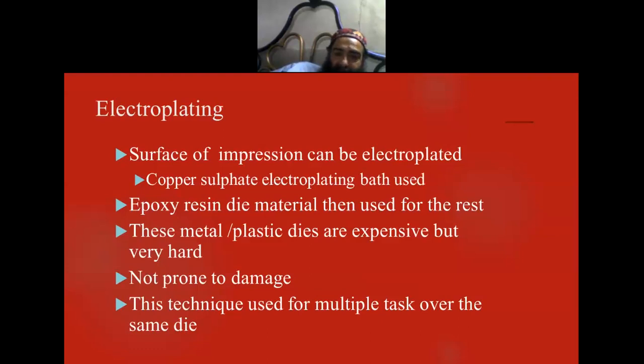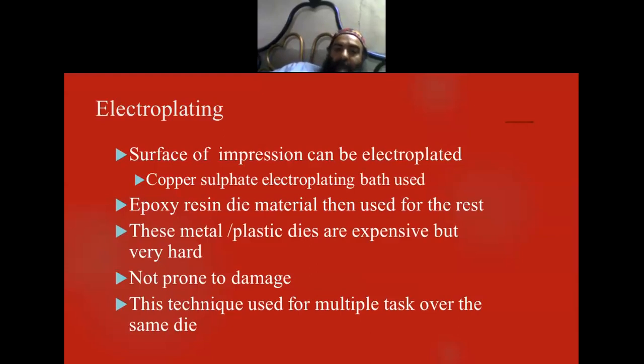These metal outside, electroplated, and plastic epoxy resin dies are expensive but very hard, not prone to damage. So these are used for multiple tasks over the same die.